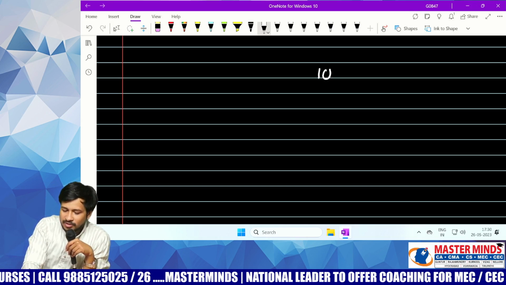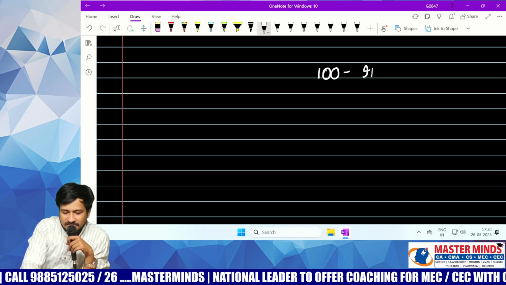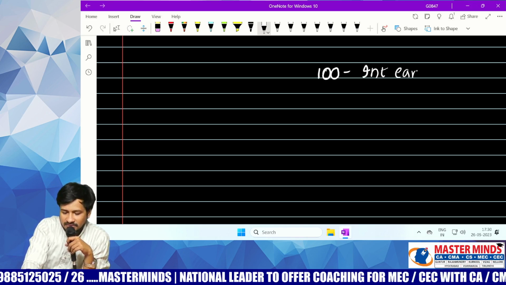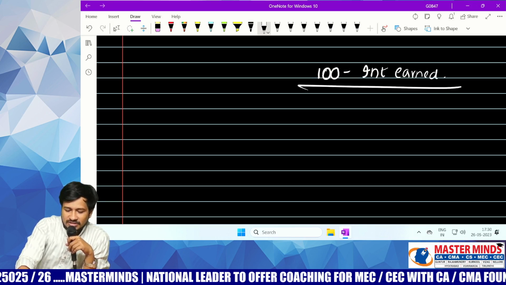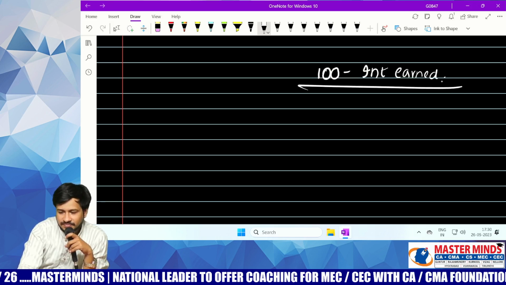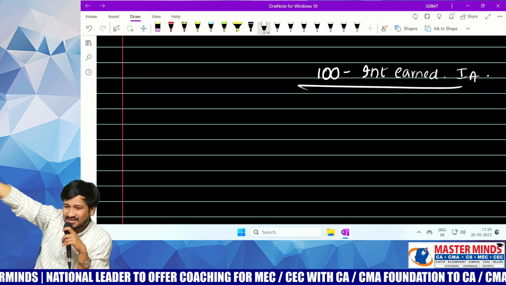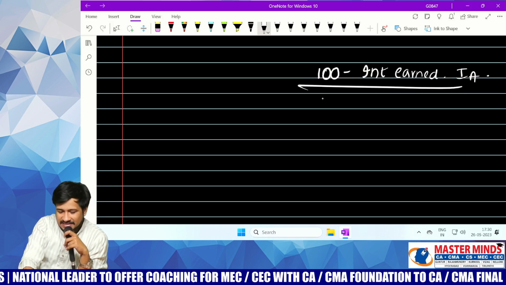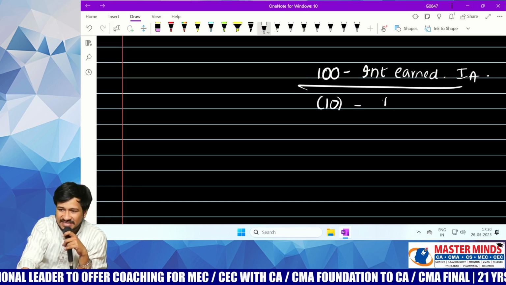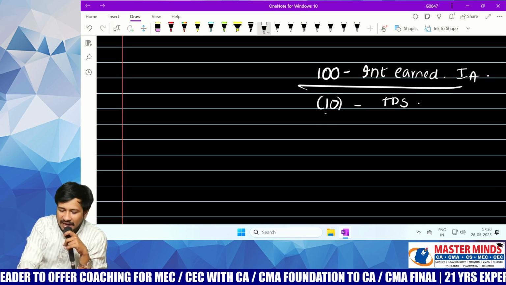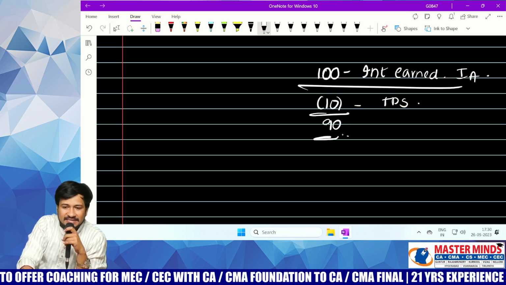Say for example, you are earning 100 rupees interest earned. What is this activity? Investing activity. Now the payer is deducting 10 rupees towards TDS and giving you only 90 rupees.